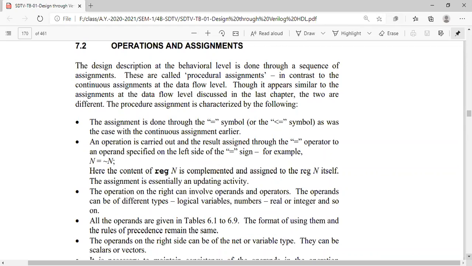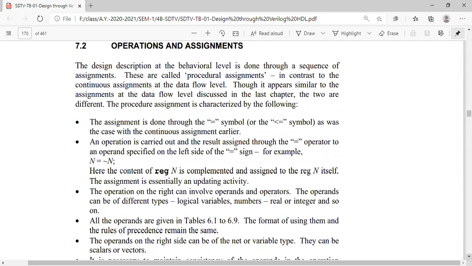With the equal to operator, you can see an operand specified on the left side of this sign. What we can see here is that we have an n value, it has been negated, and then that value has been assigned to n. So here the content of register n is complemented and assigned to the register n itself.